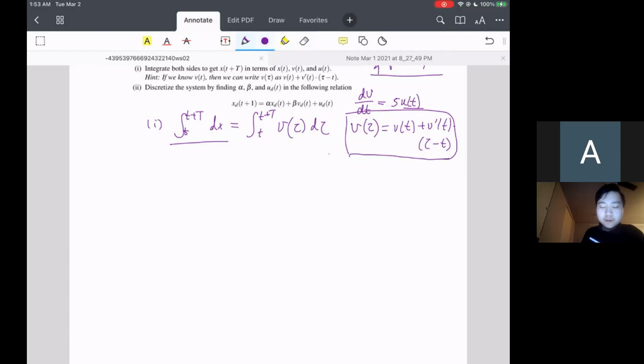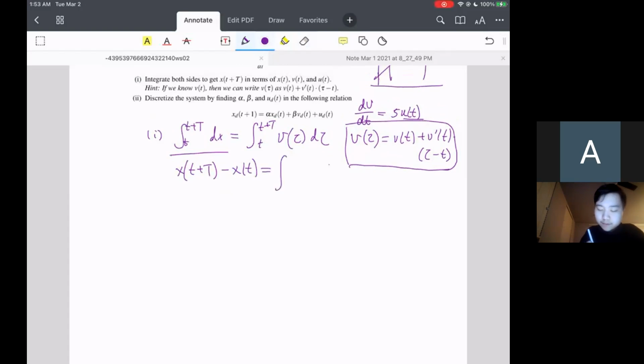All right, so we see that the left-hand side is equal to x, because the antiderivative of 1 is just x. x of t plus T minus x of t is just equal to the integral from t to t plus T of v of t plus v prime of t times tau minus t, d tau.